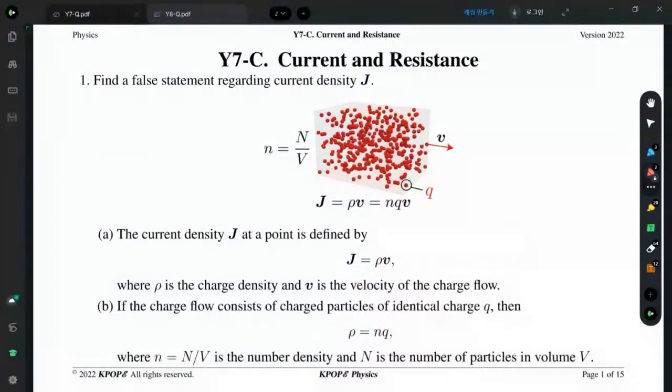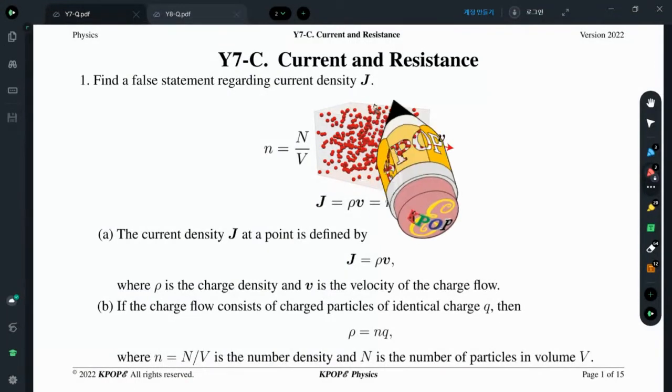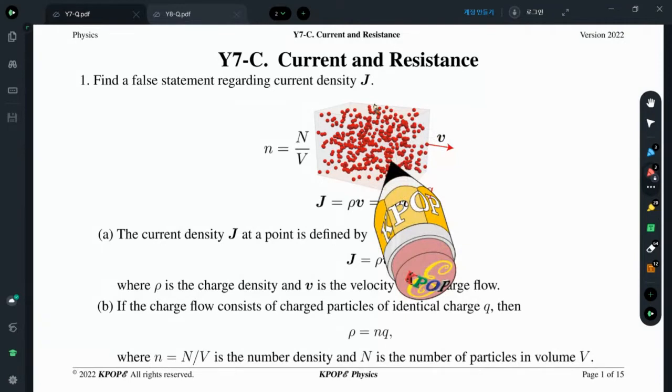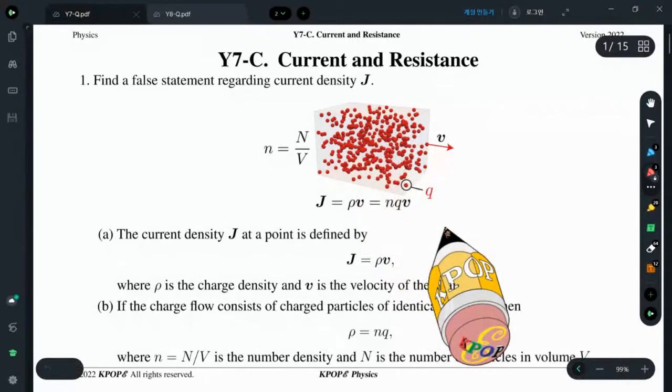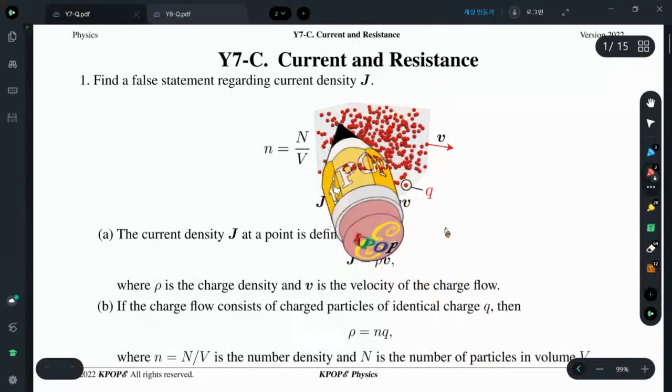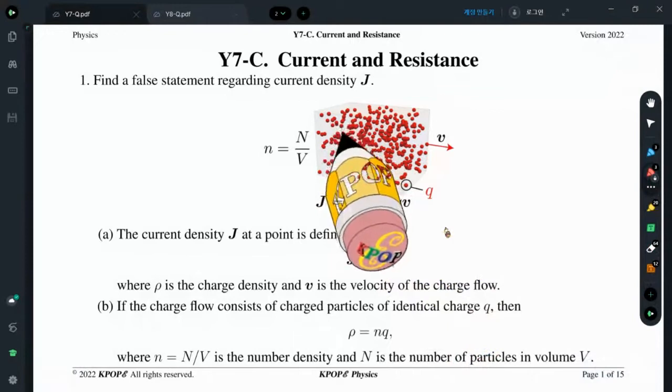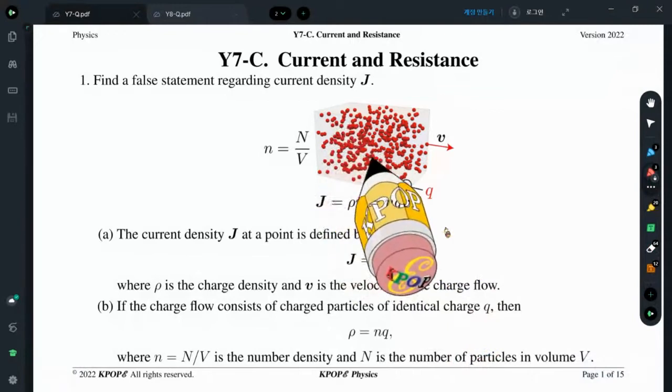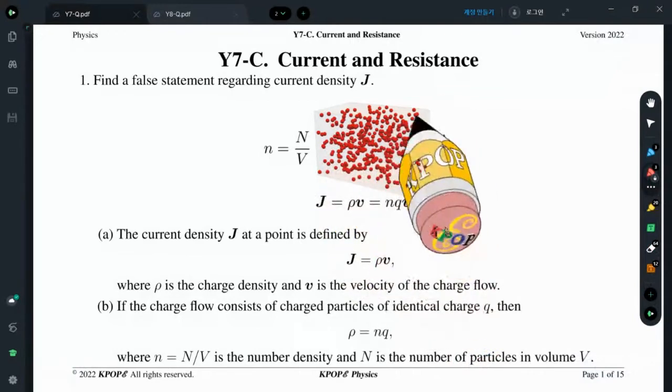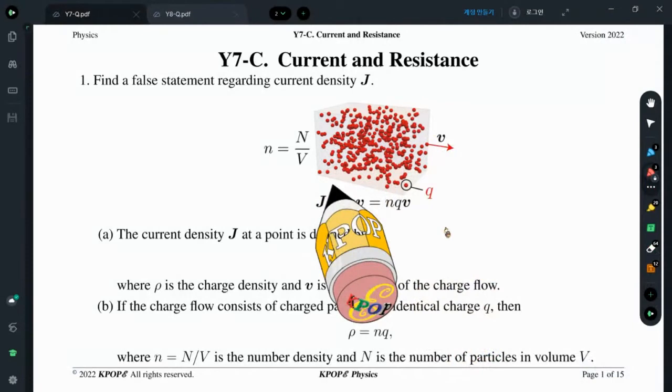Y7, current and resistance. So current consists of flow of tiny charges, usually electrons, drifting electrons. Here you can see elementary charged particles that construct a current.